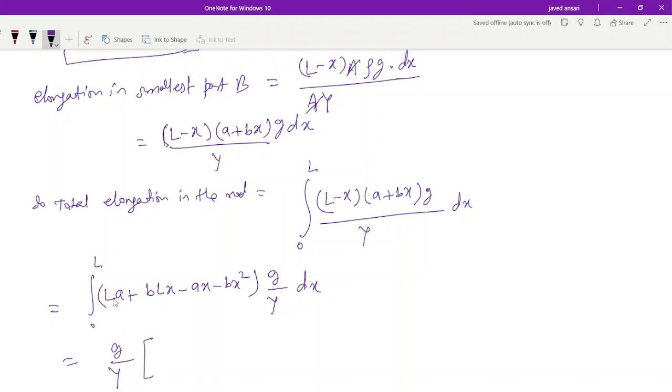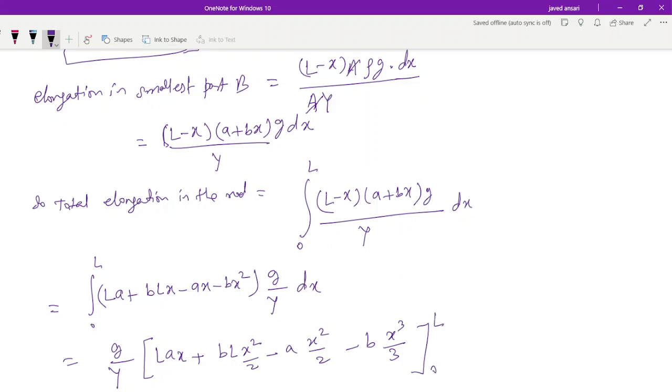So integration of LA will become LAx, plus BL, x will become x square by 2, minus A, x again will become x square by 2, minus B, x square integration of x square is x cube by 3.